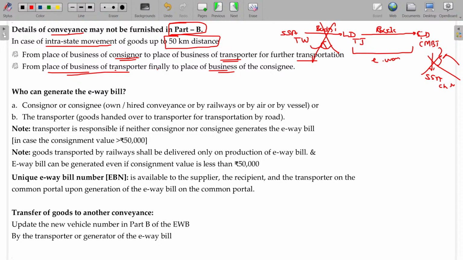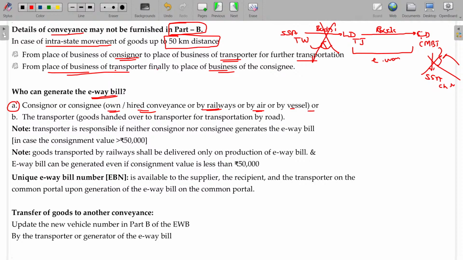Who can generate the e-way bill? The consignor or consignee, whether using own or hired conveyances, or transport by railway, air or vessel. If he is transporting through these, either the consignor or consignee can generate the e-way bill. Usually the registered person will generate it, who knows the details much better.